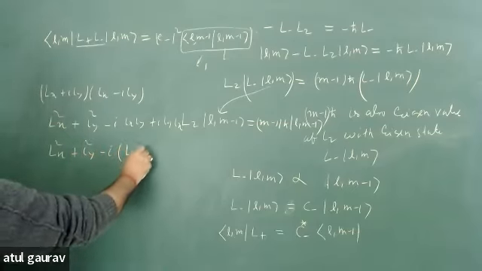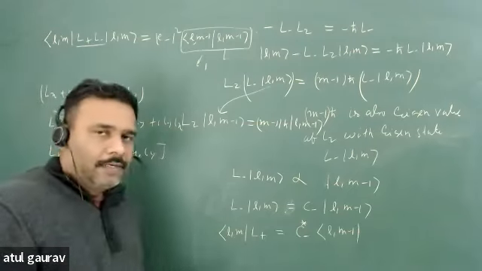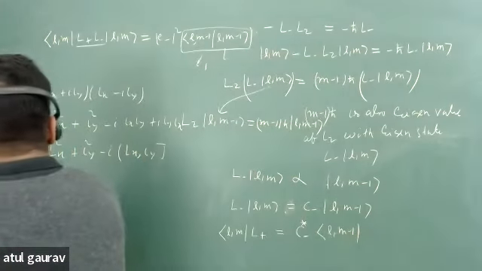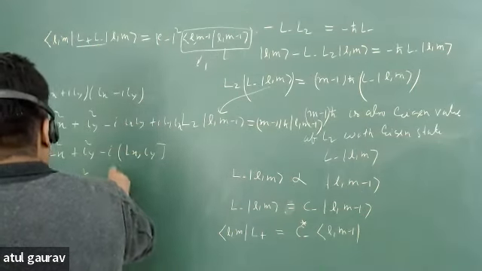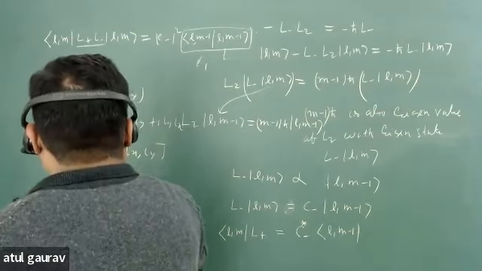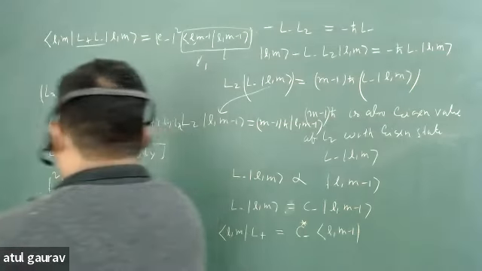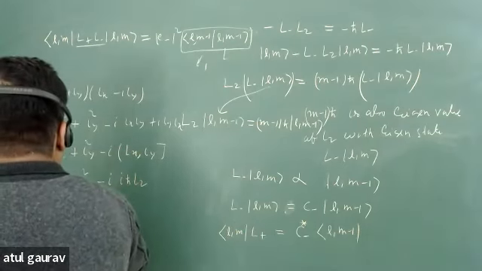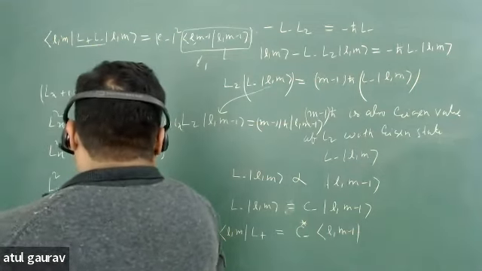Then this is nothing but the commutation of Lx and Ly. What is the commutation of Lx and Ly? I H cut LZ, right? So we have Lx square plus Ly square minus I, and this commutation is I H cut LZ. So I into I is minus, minus minus, this sign is plus 1. So we have Lx square plus Ly square plus H cut LZ. This is equivalent to L plus L minus.